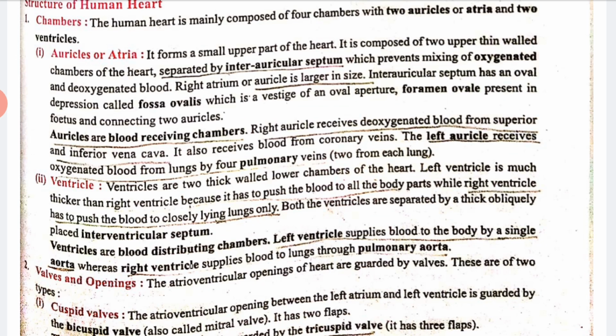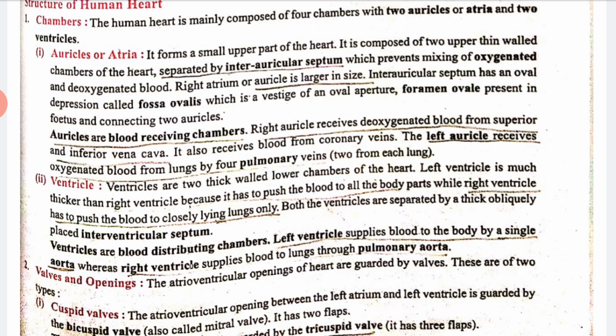Clear? Now, auricles are blood receiving chambers, and right auricle receives deoxygenated blood from the superior and inferior vena cava, and it also receives blood from the coronary veins, and the left auricle receives oxygenated blood from the lung by 4 pulmonary veins, that is 2 from each lung.